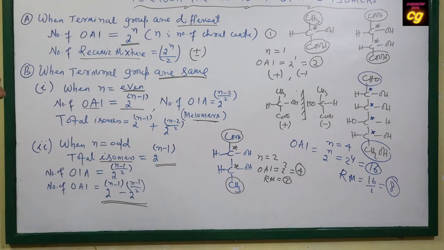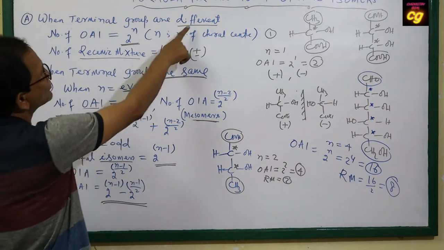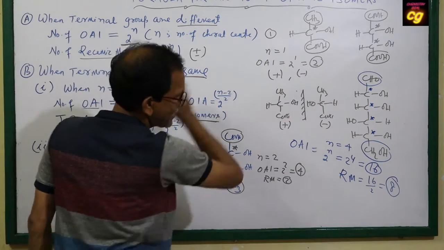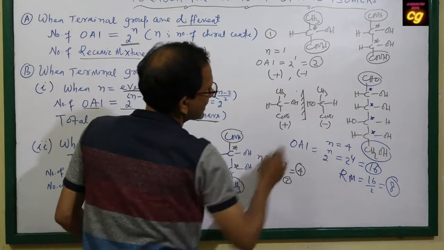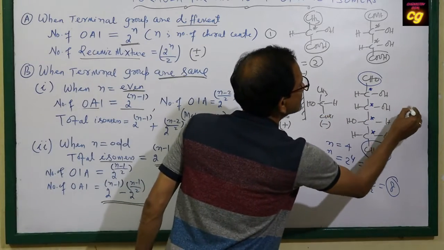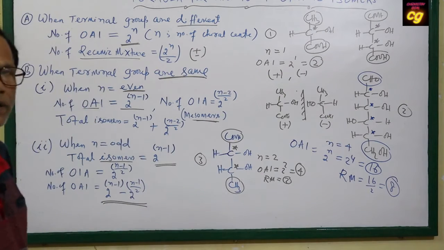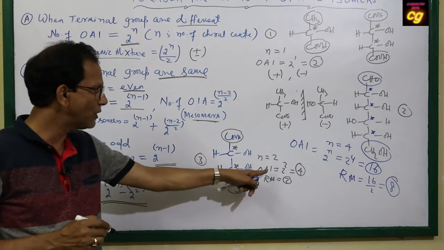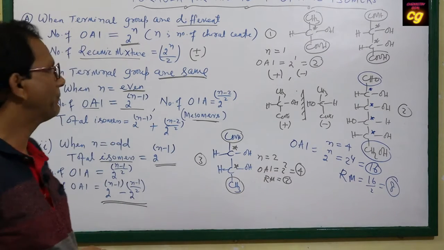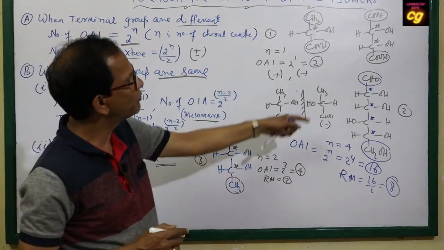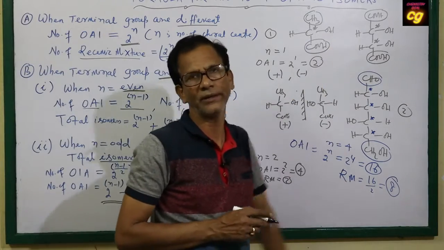This is the case when the terminal groups are different. This is the first case, this is the second case, and this is the third case. When the terminal groups are different, we have to use one formula, that is 2^n.